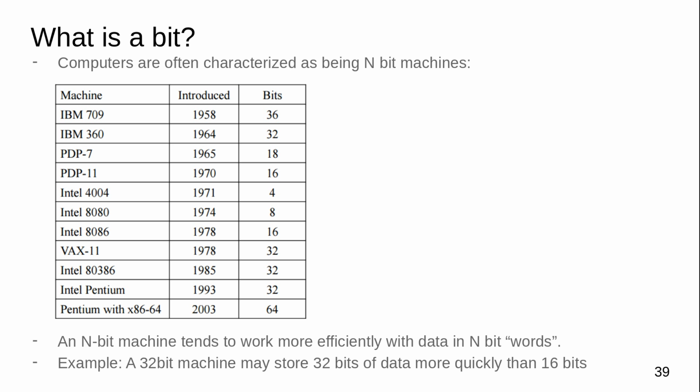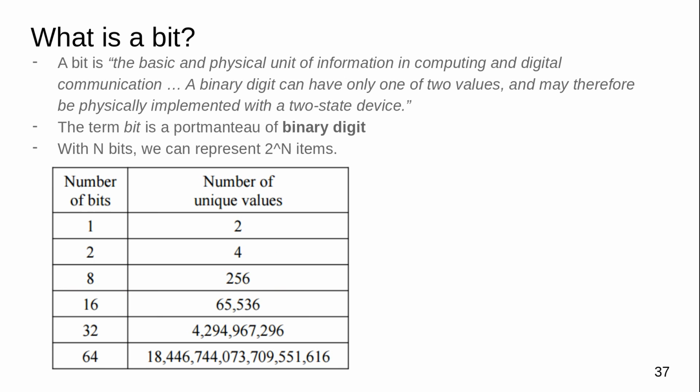And again, this is a super generalization, but the reason that you have a 64-bit machine versus a 32-bit machine is it works with that size of data more efficiently. And the reason you would rather have a 64-bit machine is because, as we saw on this slide, we can represent this many different things with 64 bits. So if your processor is really good at handling 64-bit words or chunks of data, then you would rather deal with that.